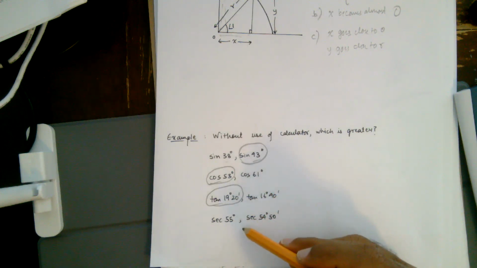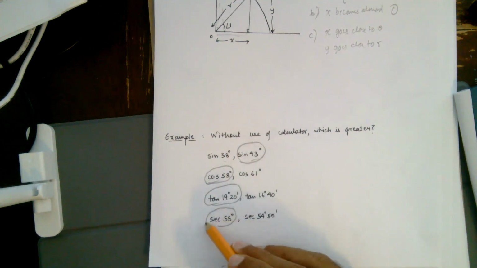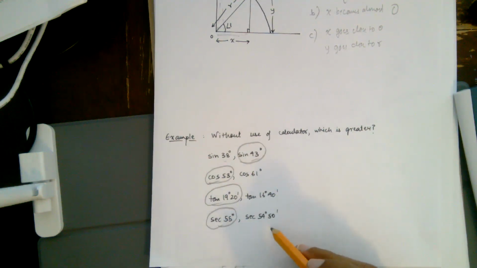So for secant, the ratio is going to increase when the angle increases. So this is going to be greater. Once you have identified them, you can also use a calculator to verify that you can actually get information without the use of calculator. That's the end of the first video for day 3.